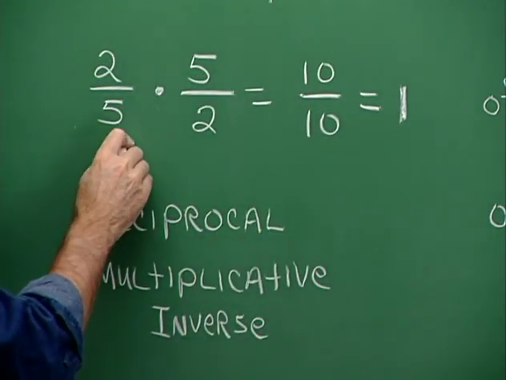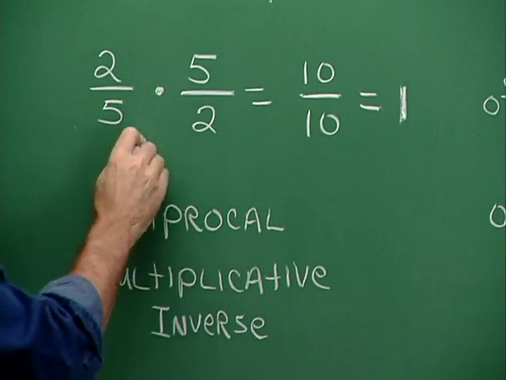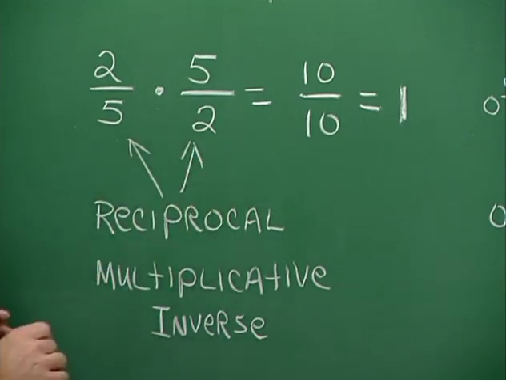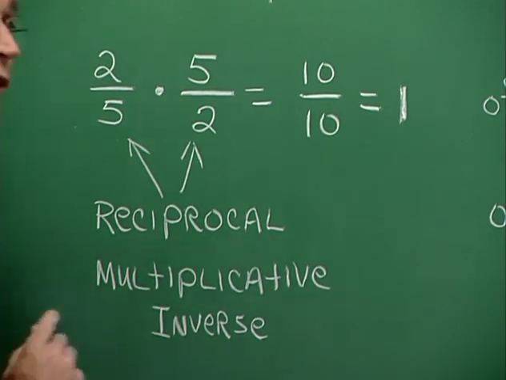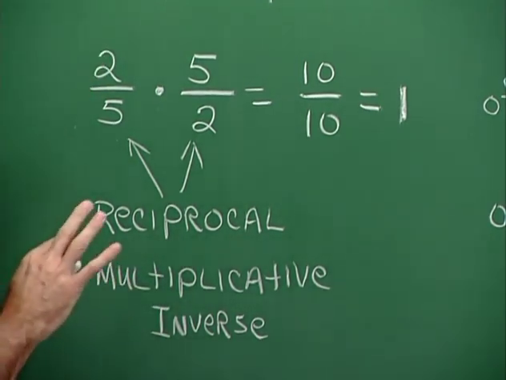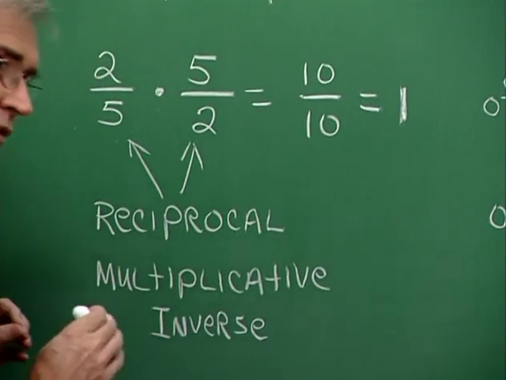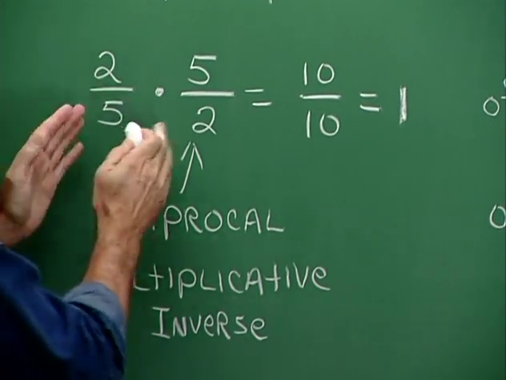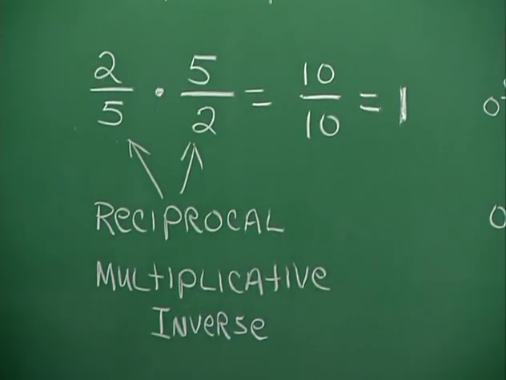So these are reciprocals of one another. They're also called multiplicative inverses of one another. Multiplicative inverses. You see, it's that special fraction partner that we can multiply and get 1 as the result.